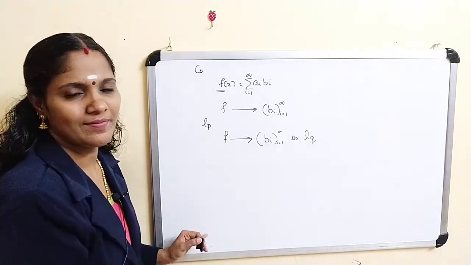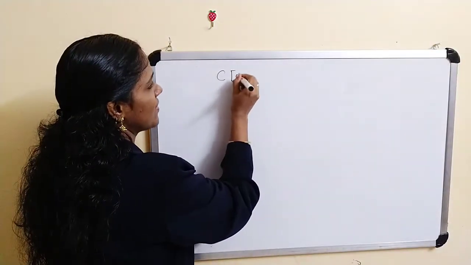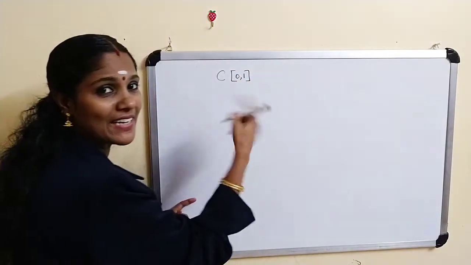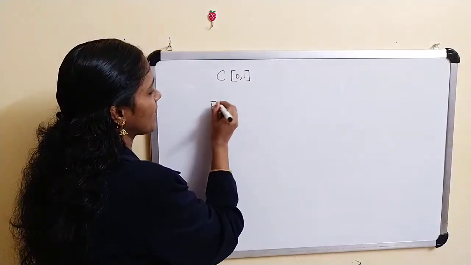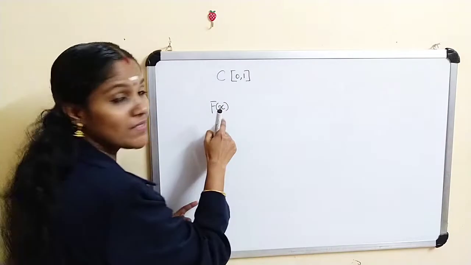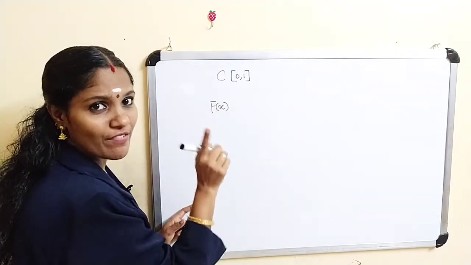Now the next linear functional is on C[0,1], the space of all continuous real valued functions on [0,1]. We define f of x, where x belongs to C[0,1], so x is a function.